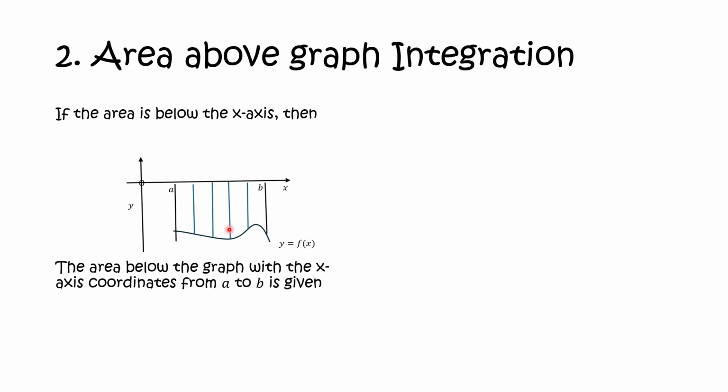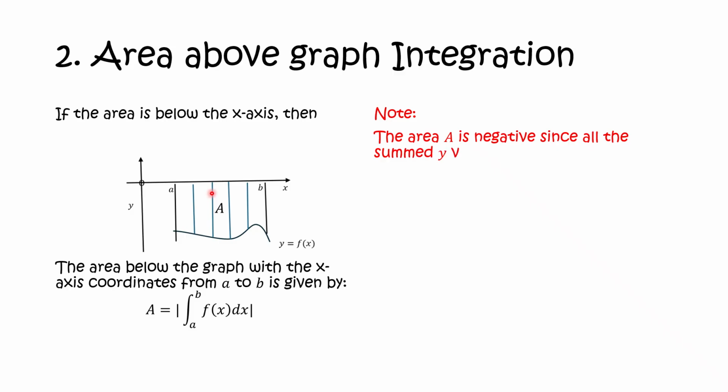So now how would we find the area? So in this case, we would say that we will use the same formula. However, the answer would come out negative. Why? Because we are summing up all the y values that are negative, but the answer is the same.